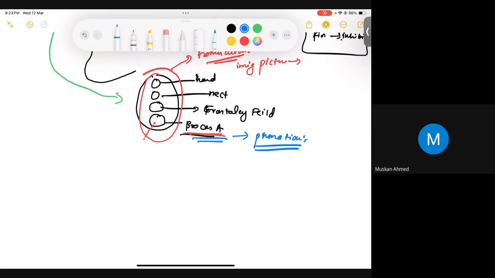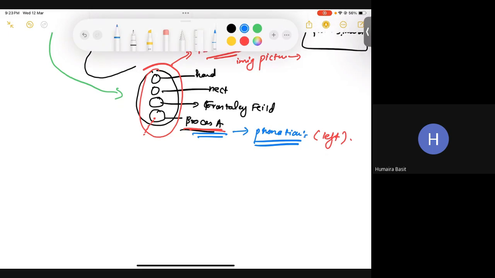It is left, because most individuals are right-handed, so their contralateral hemisphere, the left hemisphere, is the dominant one, right?